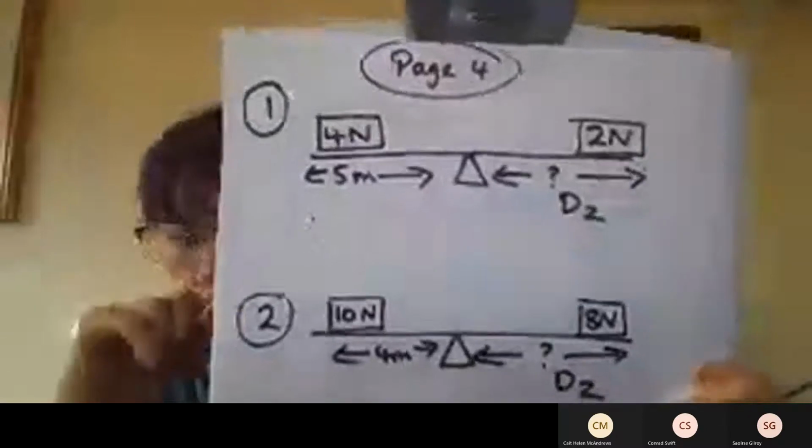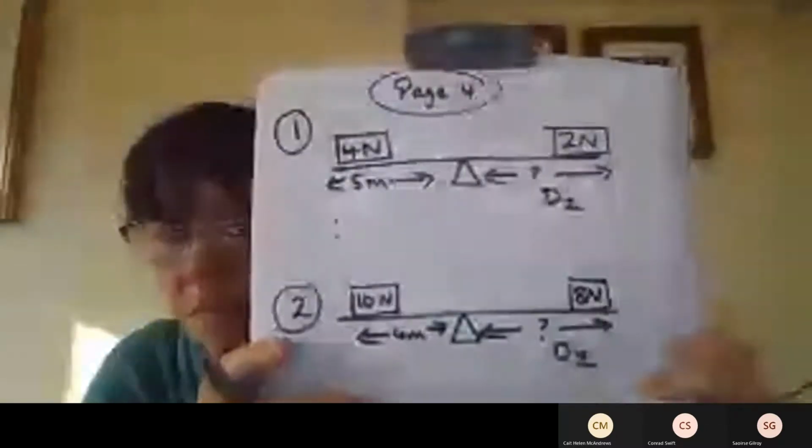Okay, so you should put your hand up when you've copied out. Good, Garrett. Okay, you can put those hands down. So we're just looking at number 1 now. Okay, put the hand down, Conrad, unless you want to ask me something.